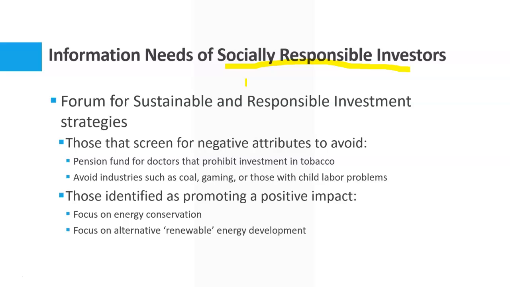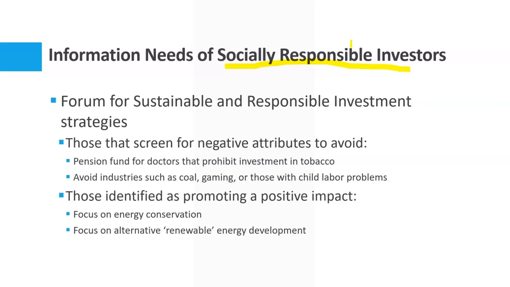So, the Forum for Sustainability and Responsible Investment, an interest group which is comprised of SRI just now, will focus on institutional investors, and they categorize SRI investment strategy into two.